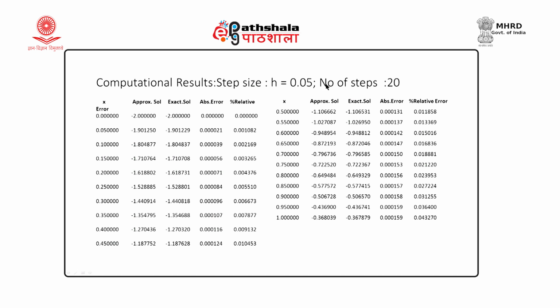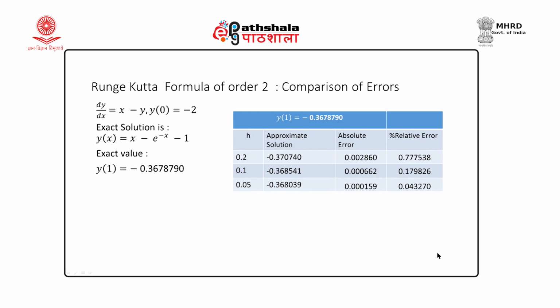Further, if you reduce h to 0.05, the final approximate value is minus 0.368039, the exact solution is minus 0.367879, and the percent relative error is 0.043270. Let us compare these results.